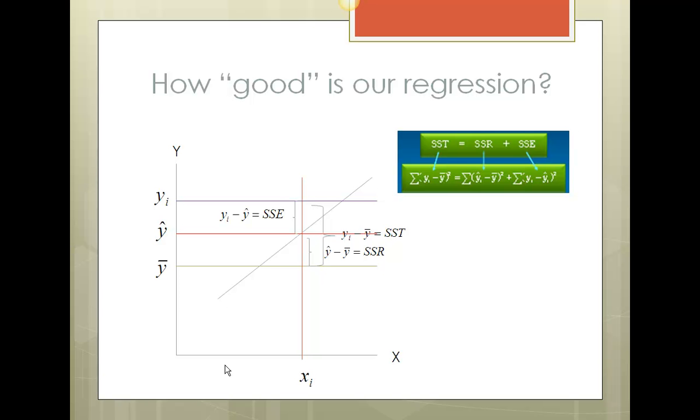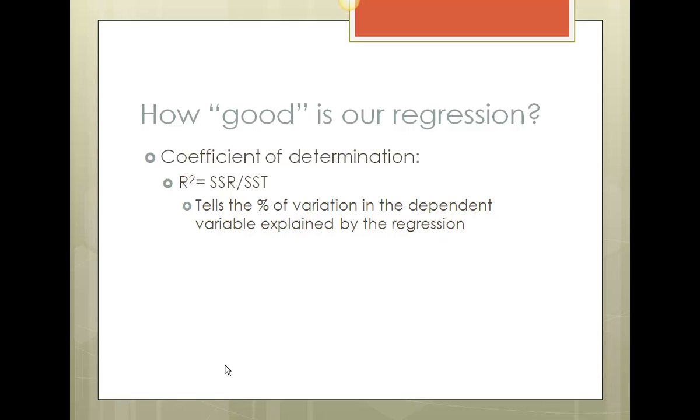So we can continue with this general idea looking at how good our regression is. The quality of our regression is analyzed using the R-squared, which is calculated as SSR, which is predicted minus average, divided by SST, actual minus average. Those predicted, actual, average, those are all your y's.